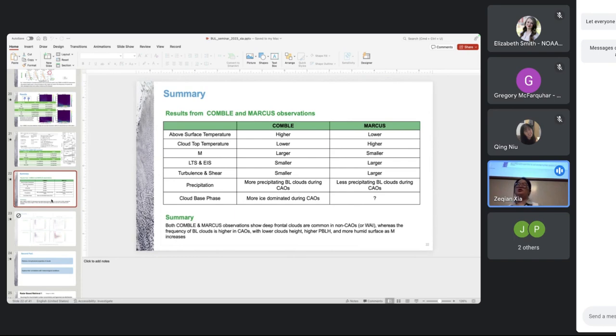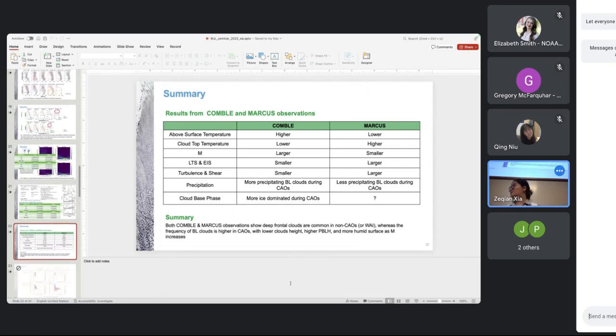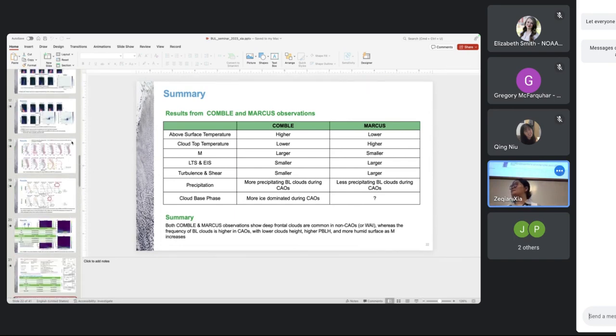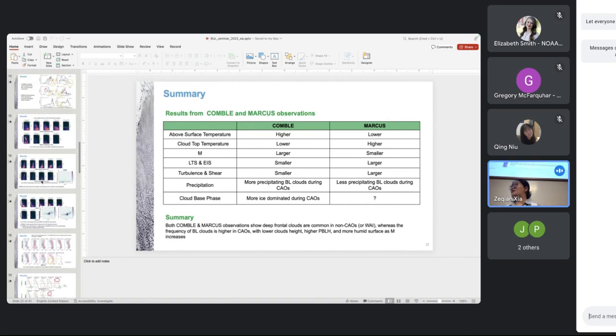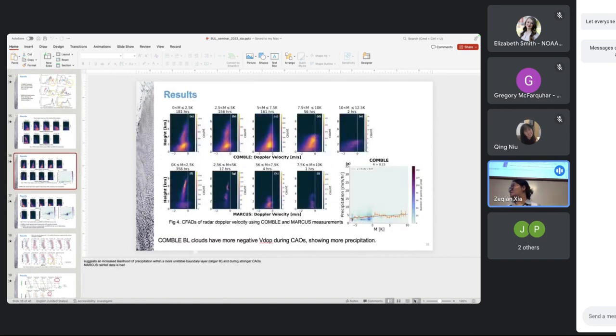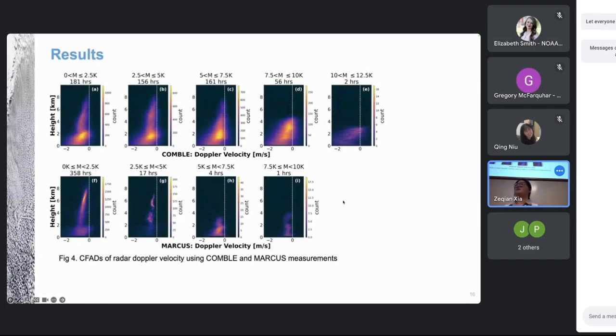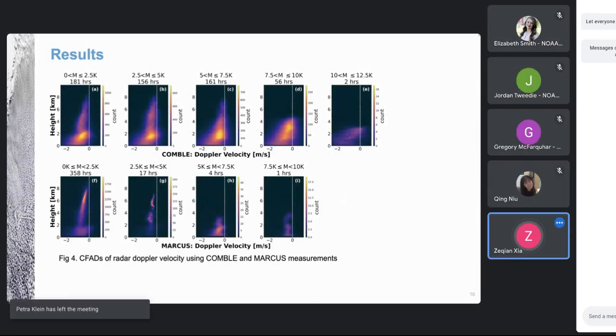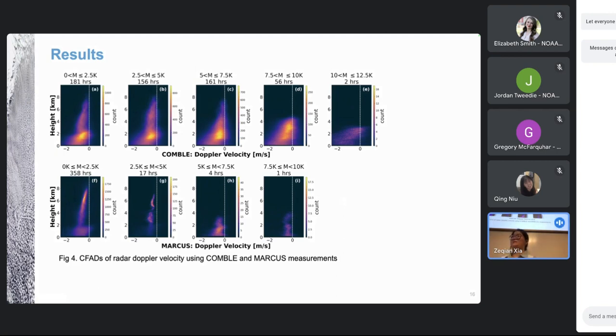I got these conclusions based on these figures, because we see more negative changes of the Doppler velocity during the COMBLE, but for MARCUS it's not so obvious. One guess is that for MARCUS the clouds are less precipitating.